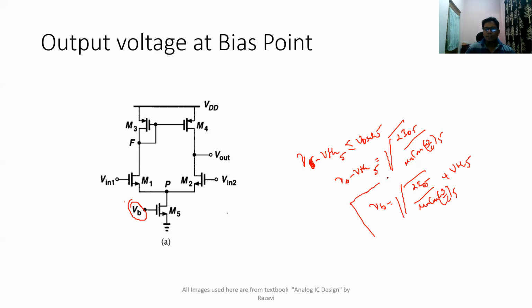Okay, so this is the condition for VB. So if you satisfy all three conditions, then you will be able to use this transistor as what do you say, differential amplifier.